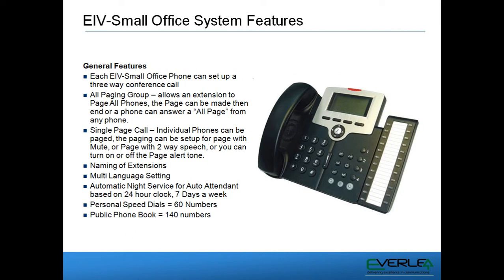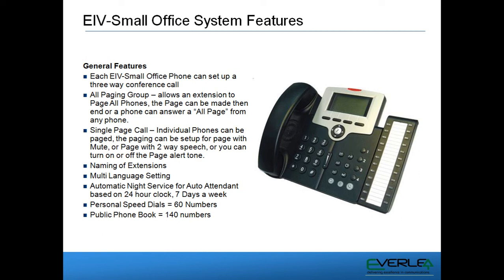Some of the general features of the EIV. Each EIV-Small office can set up a three-way conference call, or it's got an all paging group, which allows an extension to page all phones. The page can be made and then anyone can pick up that page from any of the EIV phones.